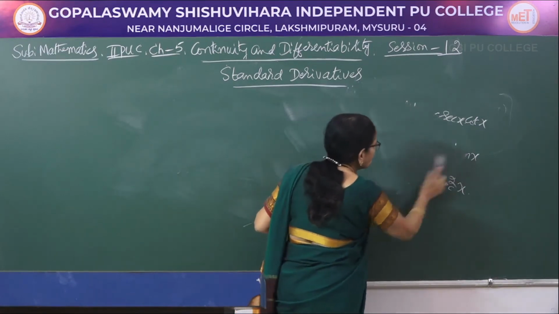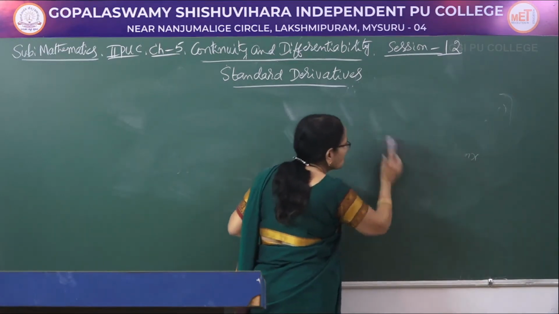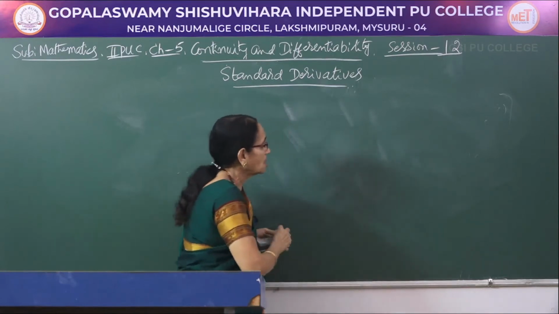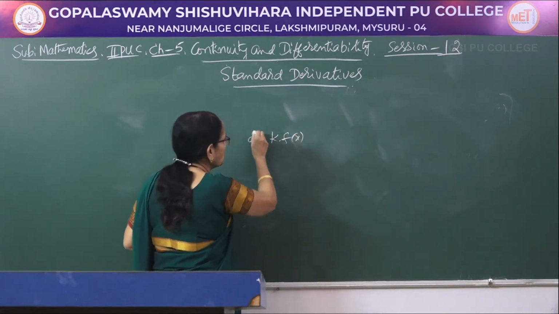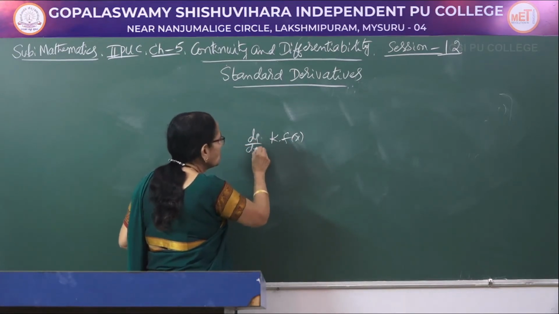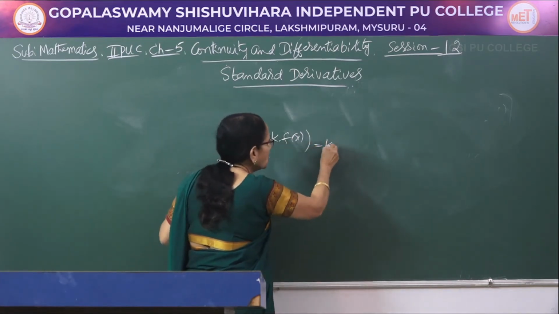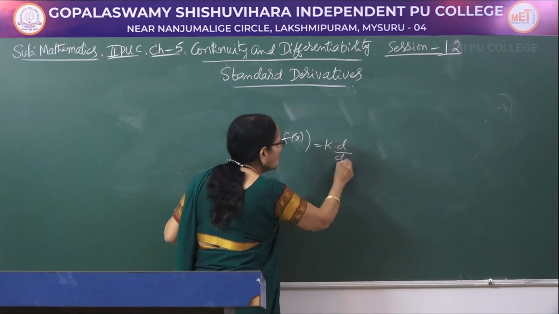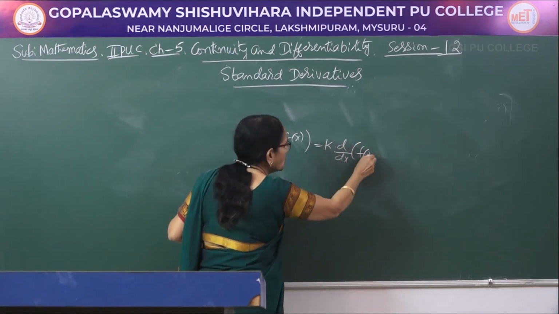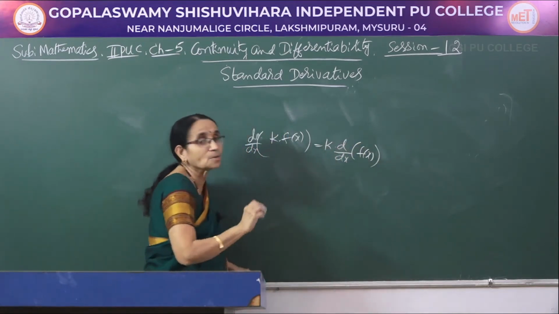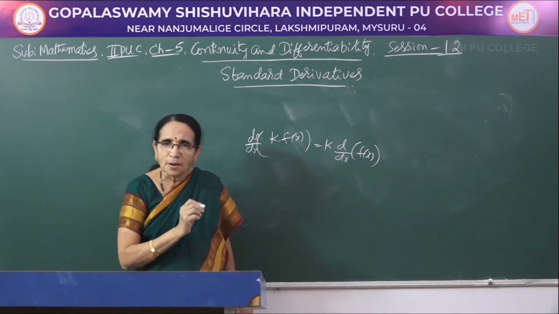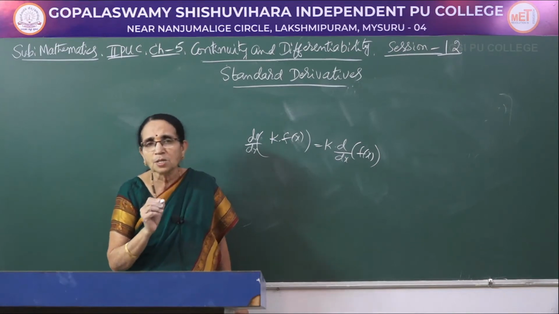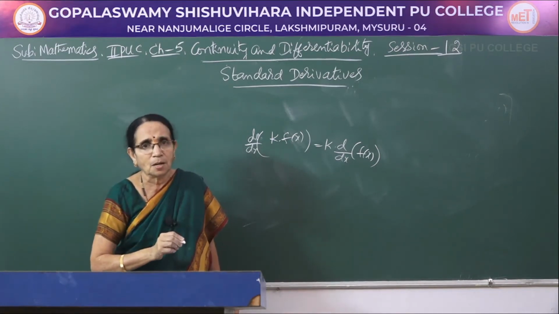Now, in the previous session, when I was considering the scalar multiplication, I told you k into f(x). If the function is k into f(x), then the derivative of this function would be k into d by dx of f(x). That is, you have to keep k the same. When a function is multiplied by a constant, the constant remains the same, only the function has to be differentiated.